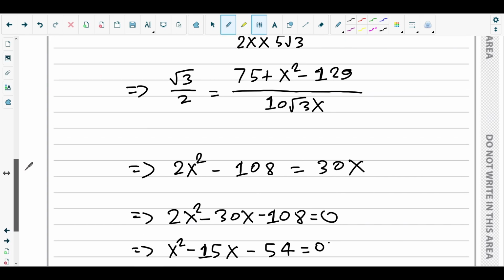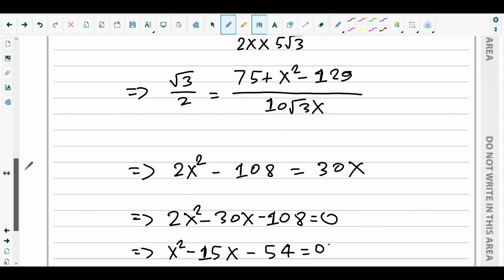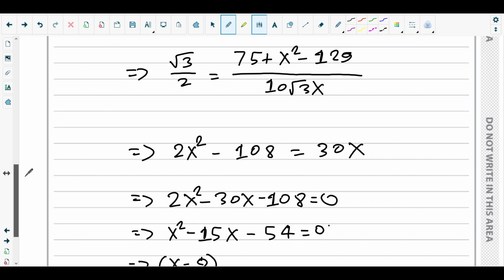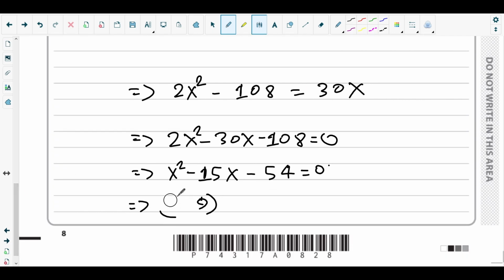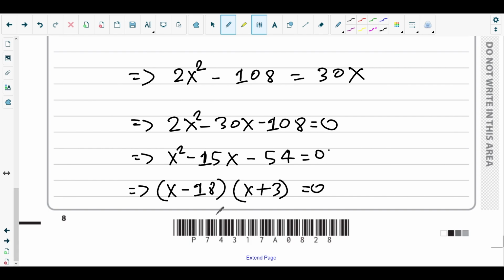Twice of x squared minus 108, x 108 goes to 30. Okay, so the middle term is not possible. In this case we need to consider, yes, 18 is better. x minus 18, we need to change the middle term basically, x plus 3. Now it's fine. So we got x minus 18 times x plus 3 equals 0.